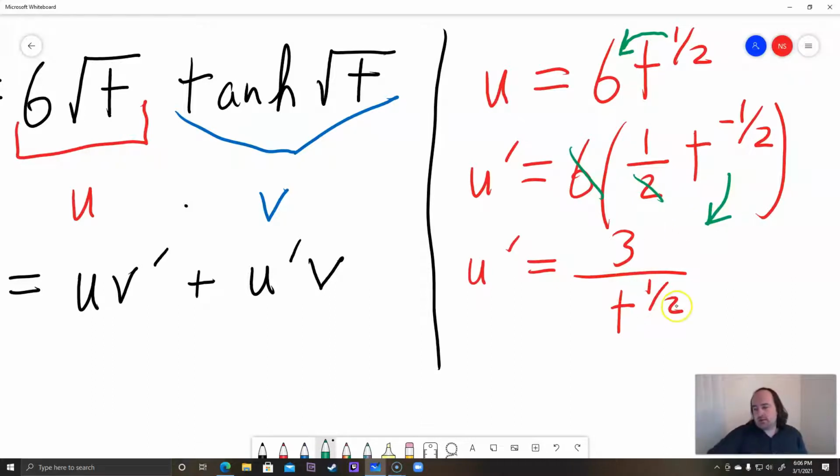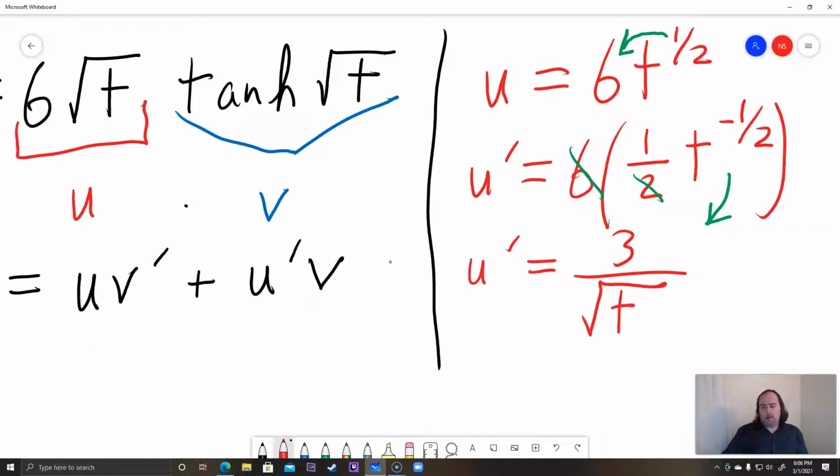But now that it's t to the positive 1/2 again, we can rewrite that as the square root of t in the denominator. So we have u prime equals 3 over root t.